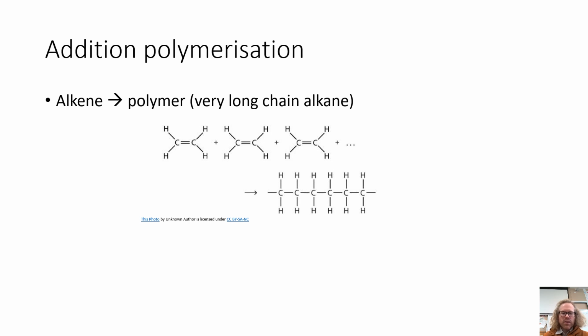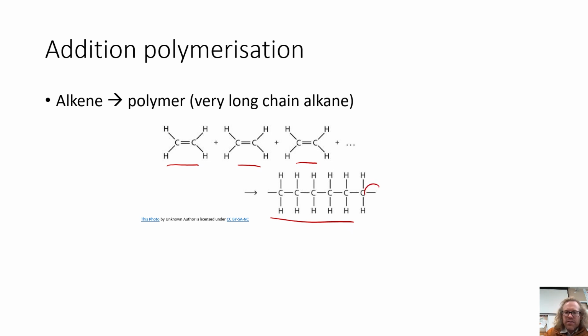The final one we can look at is addition polymerization, and that converts an alkene into a polymer, which is a very, very long chain alkane. We often just summarize what's going on by looking at 3 monomer units, and when we talk about monomers, we're talking about the smaller alkene units, when those react together to make a polymer chain.